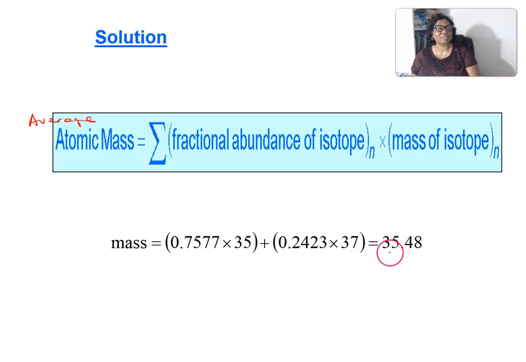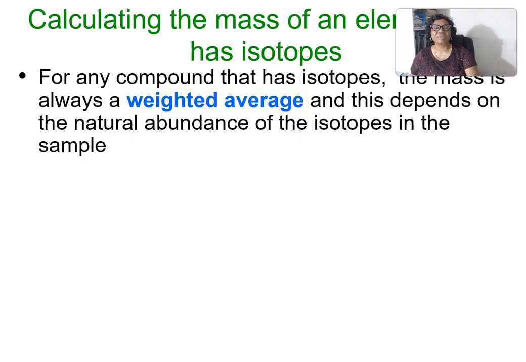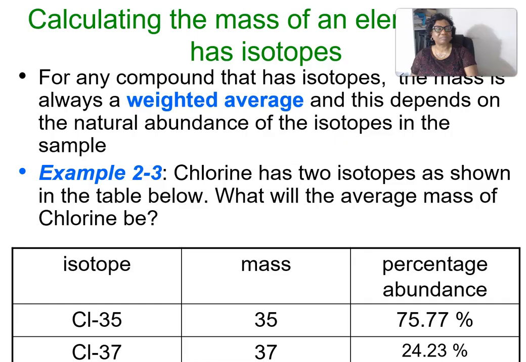And when we do that, this is what we see in the periodic table. So for any compound that has isotopes, the mass is always the weighted average, as we have said. So this is chlorine again.